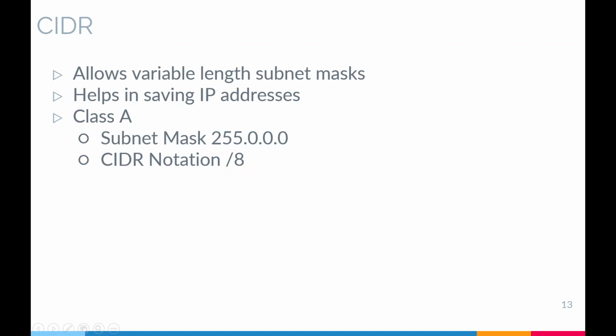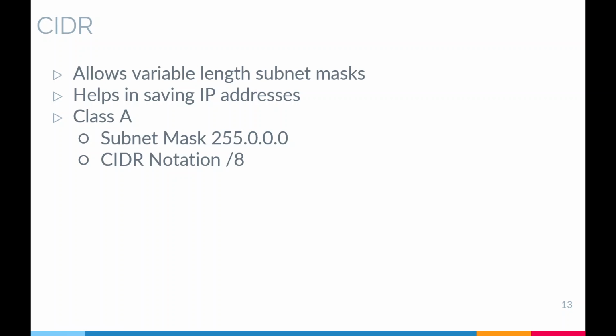It says that the first octet or the first 8 bits will be filled with binary ones. So assume this has to be the number of bits starting from the left hand side, which will be filled with binary ones, and that will be a network portion.